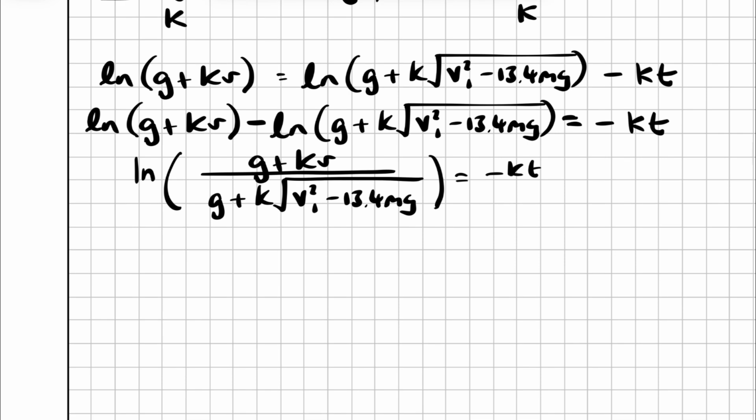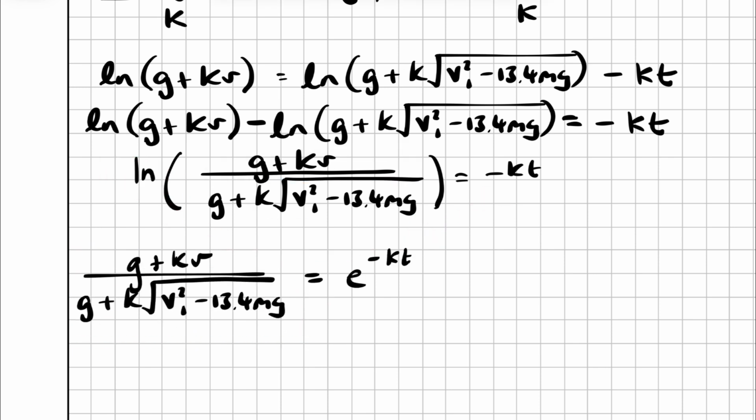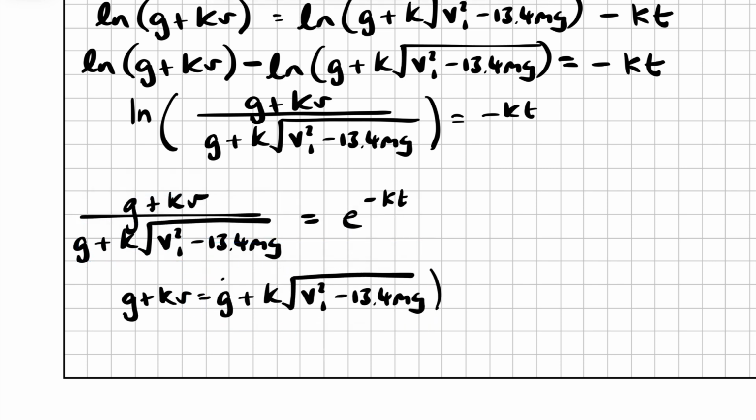Now this is log e, so the e pushes this kt into the air. Once we get there, we multiply both sides by what's in the bottom here. So I get g plus kv equals all this stuff times e to the minus kt.